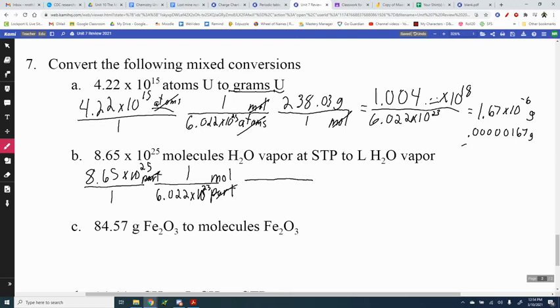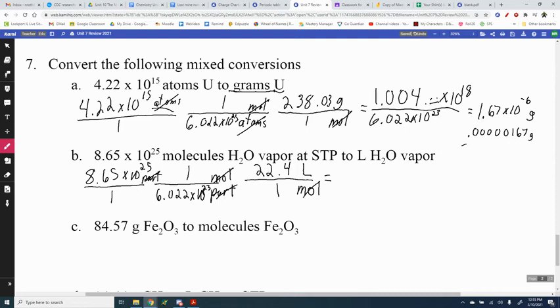Okay, moles goes on bottom to cancel out. We are converting to liters, so we put that on top. 1 goes next to moles. 22.4 goes next to liters. Moles cancels out. We're left with liters. That is where we want to be, so we don't need any more conversion factors.